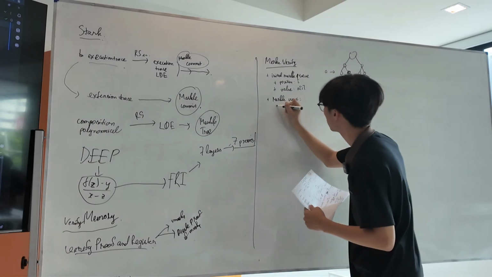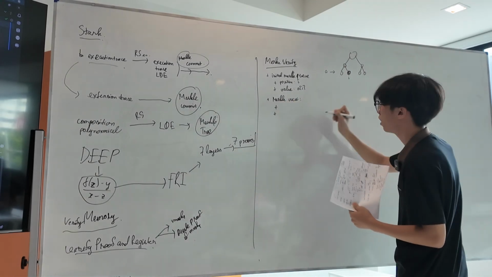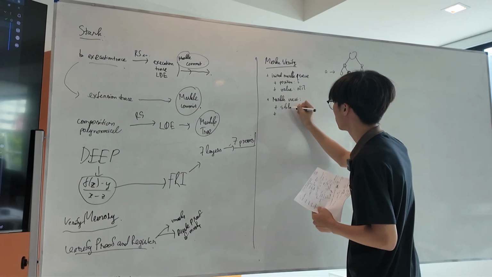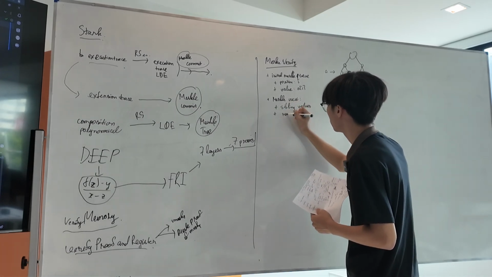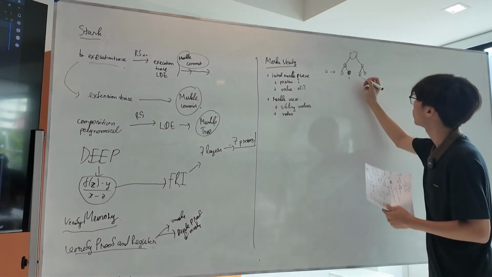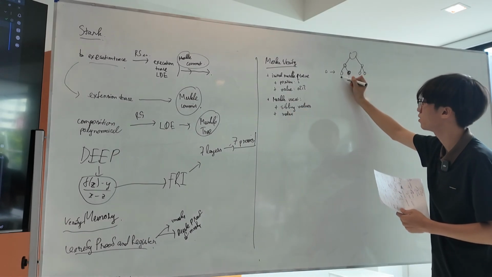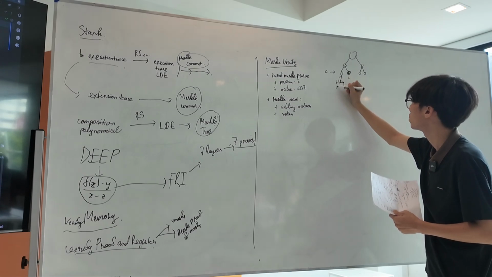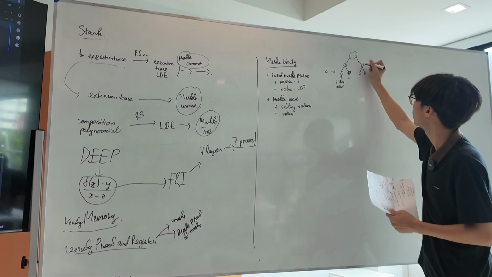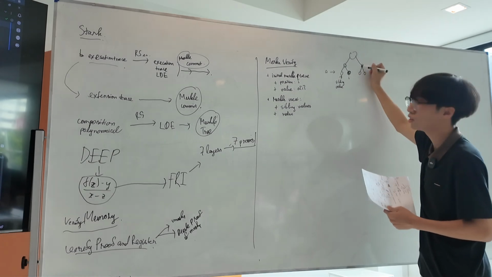So Merkle view, there are two terms, sibling values and the node. For example, you want to prove that this one is a sibling value here, and also the node that you need to send is this one, right?